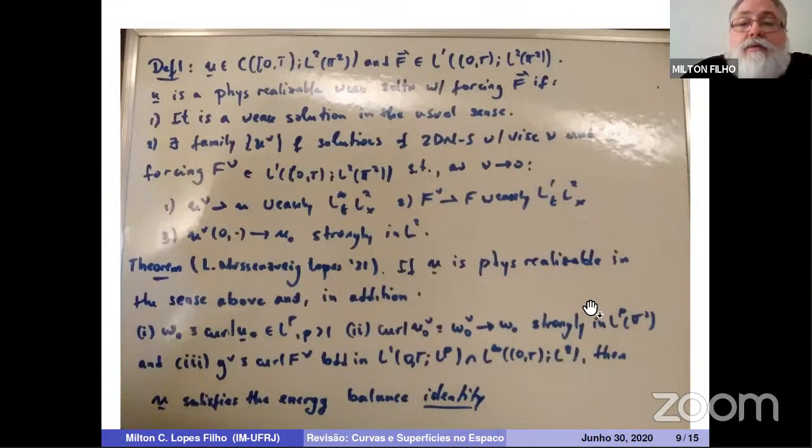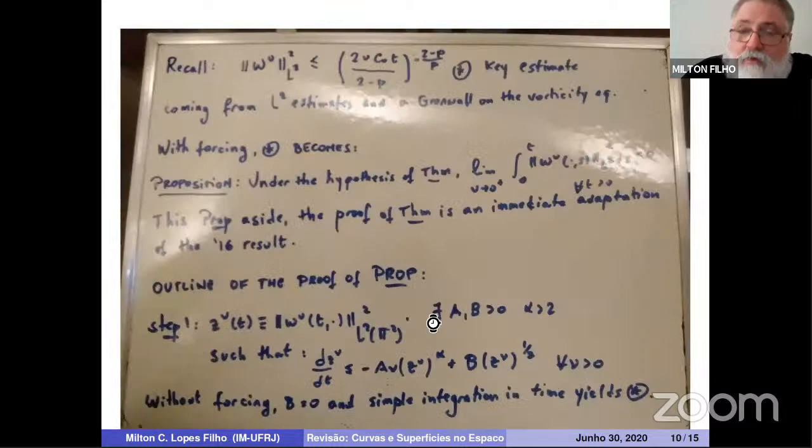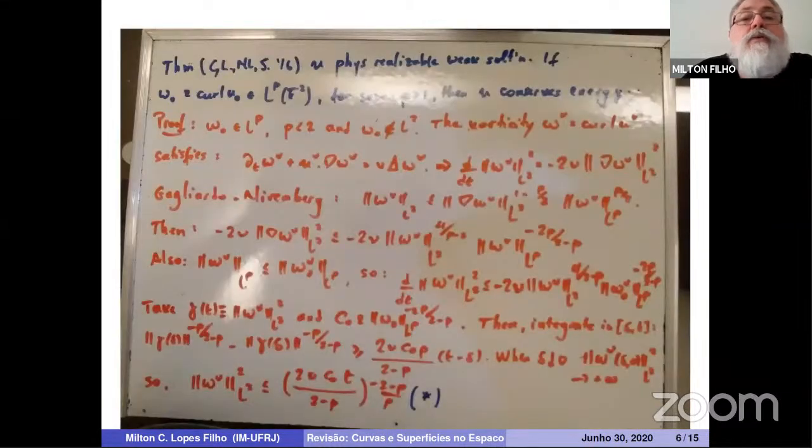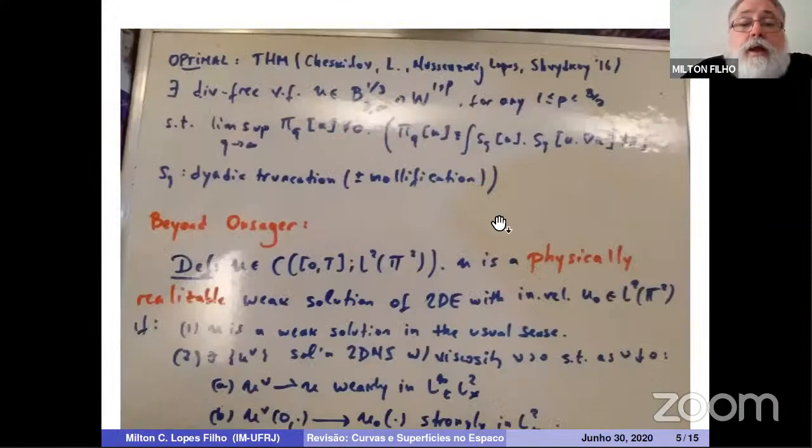There is a way in which this theorem, and in fact I should go back to this theorem. We define physically realizable by saying that u nu converges to u weakly, but this definition should actually say that there exists a subsequence of nu satisfying these conditions. We weren't quite as careful as we should have been. You expect that depending on the subsequence you take, you get a different weak solution, and that wouldn't be a surprise even for 2D Navier-Stokes at this level of regularity.